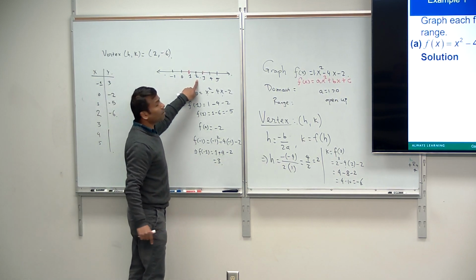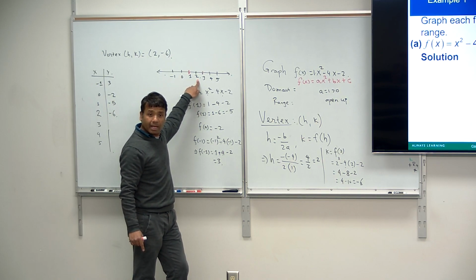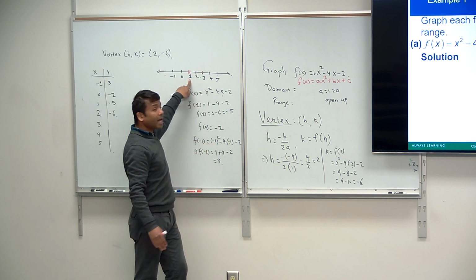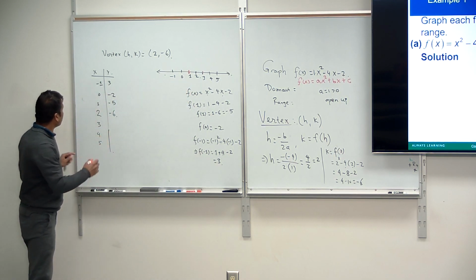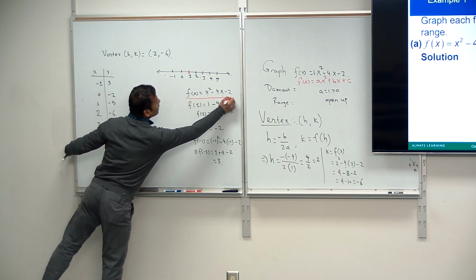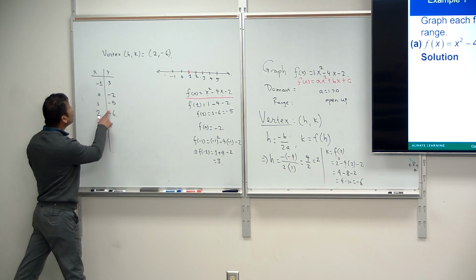X value of the vertex. What is the x value of the vertex? 2. Is that right? This 3 is 1 unit to the right. This 1 is 1 unit to the left. Is that right? So that means if we evaluate this function f(x) equal to x squared minus 4x minus 2 at x equal to 3, you will get this negative 5.